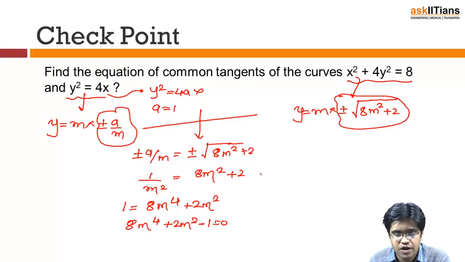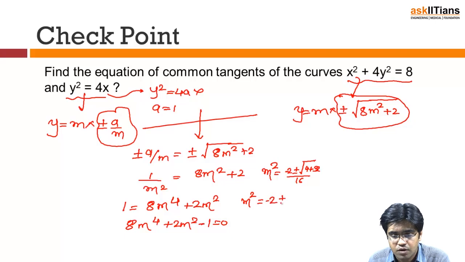If you solve for the value of m, we are going to get m square. Treating it as a quadratic, I am solving this equation. So I am going to get m square is equal to minus 2 plus minus root of 4 plus 32 divided by 16. That means my m square value is minus 2 plus minus root of 36, that means 6 by 16.